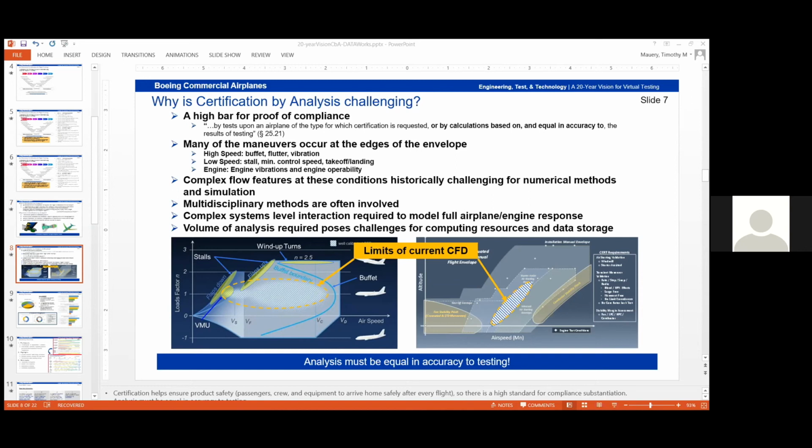And right now, you can see in these charts that the current limits of CFD are really limited to this 1G design region. A lot of the tests happen at the edges of the envelope because that's where, if things go bad, it can be a problem.